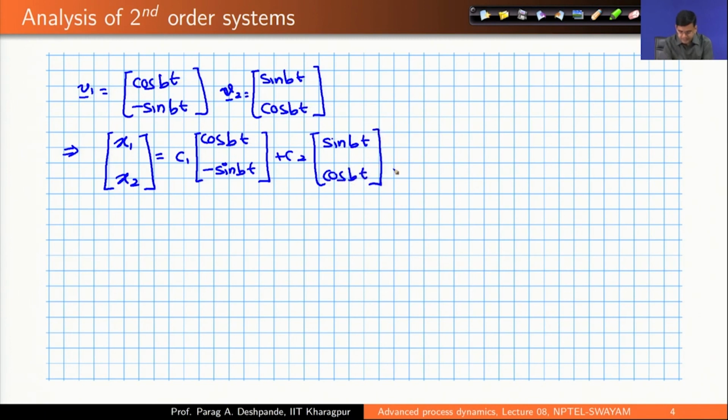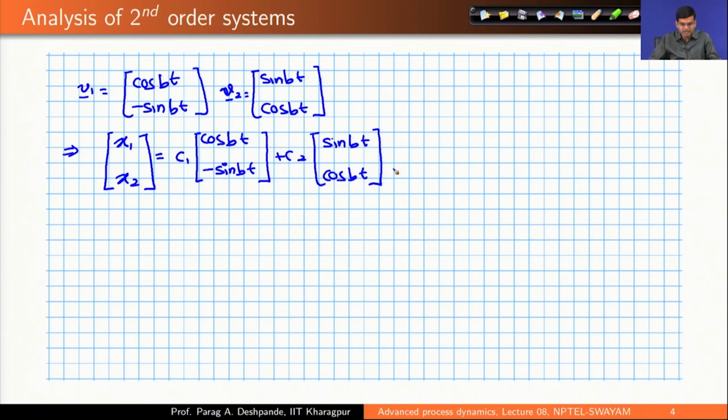Let me reiterate that the reason we are writing this expression is that the system is linear, it follows the property of linearity and therefore, all linear combinations of the solutions would also be solutions.